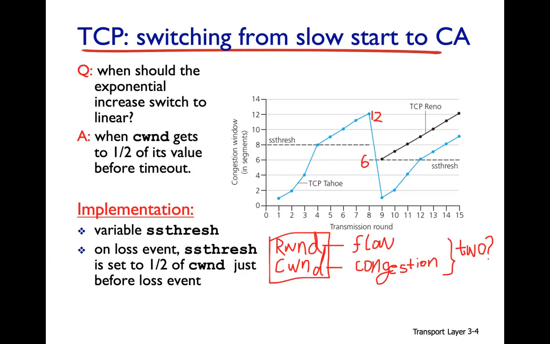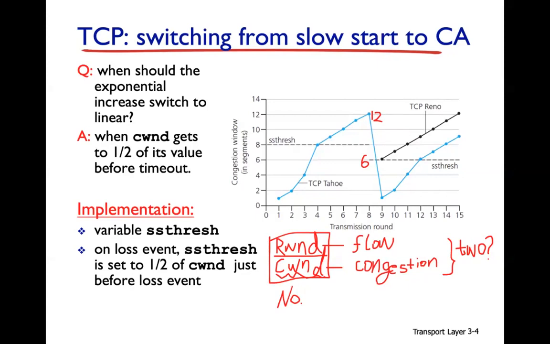Actually, the answer is no, we don't need to maintain 2 windows. We just create 1 window at the sender side, because this window size is maintained at the sender side. The sender can look at what is suggested by the receiver, how much I can send, and what the congestion window is, to decide what I can send out.